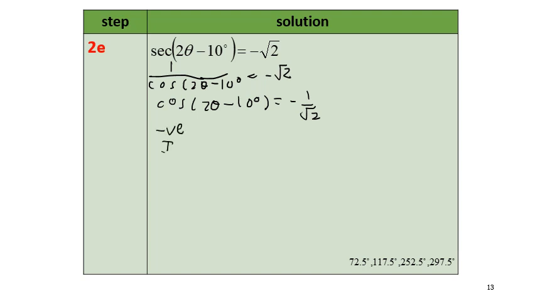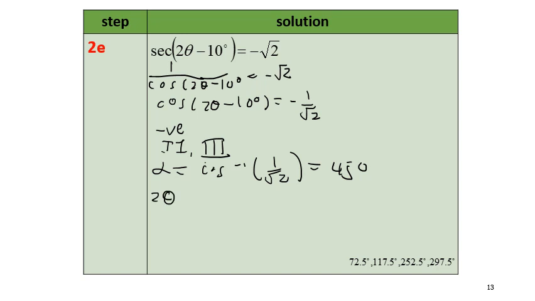Negative means the second and third quadrant, and we know the basic angle, inverse cos 1 over sec 2 without the negative, is again 45 degrees.